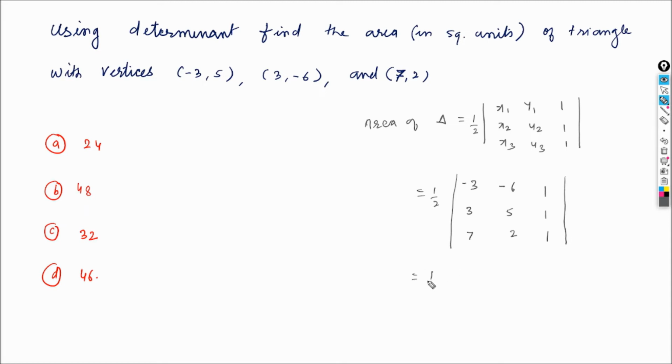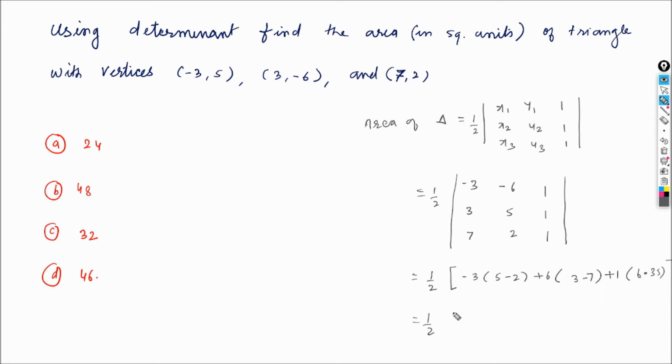So let us expand this. So minus 3 into 5 minus 2. 5 minus 2 is 3. Or I'll write like this: 5 minus 2, plus 6 into 3 minus 7, plus 1 into 6 minus 35.